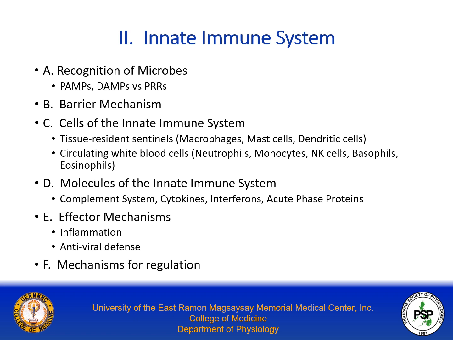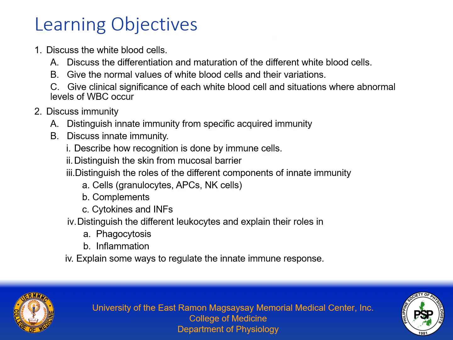And we also discussed the molecules of the innate immune system, complement, cytokines, interferons, acute phase proteins, the effector mechanisms of the innate immune system, inflammation, antiviral defense, and we discussed some ways of regulation of your innate immune system. These are the learning objectives that we have just finished.